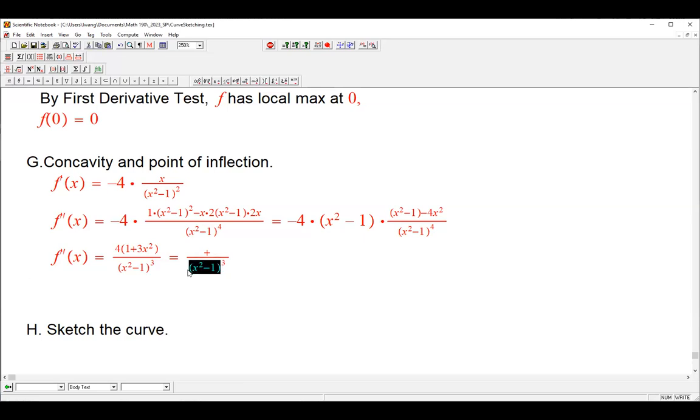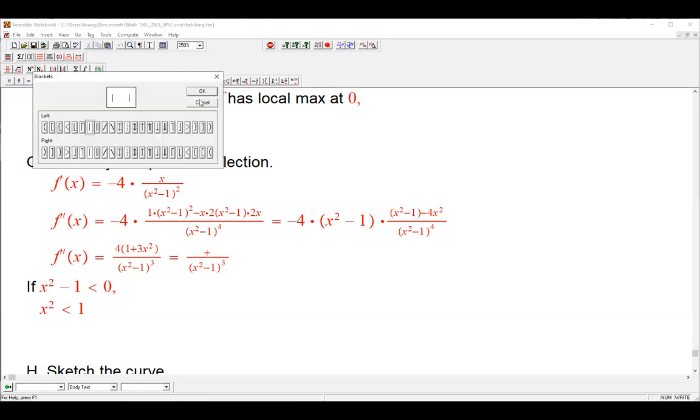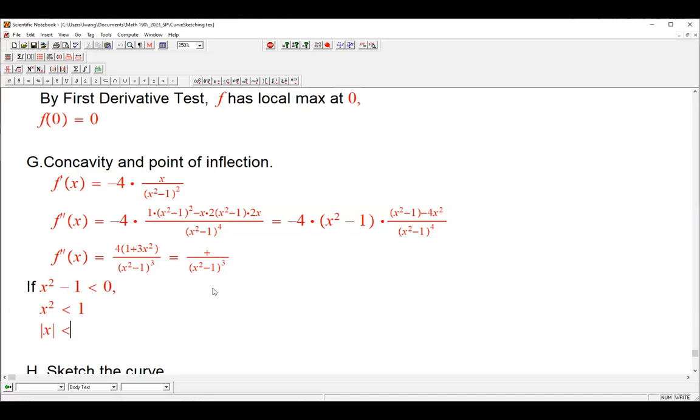So how does the sign change for x squared minus 1? When is it negative? If this is negative, what does that mean? That means x squared is less than 1, and the absolute value of x is less than 1.